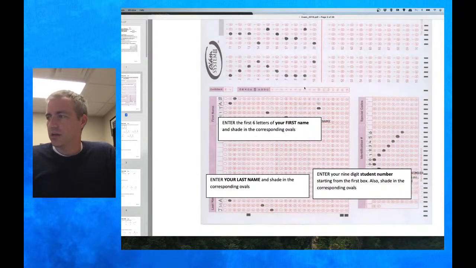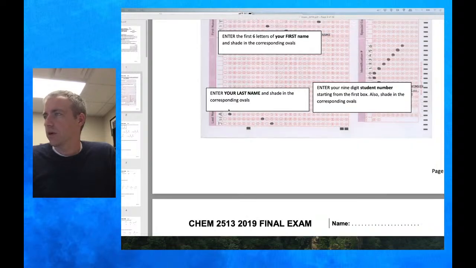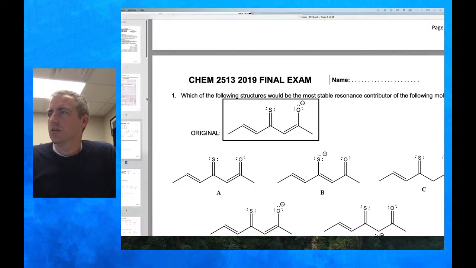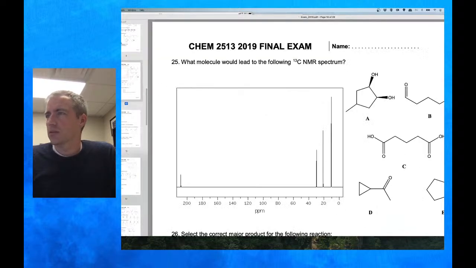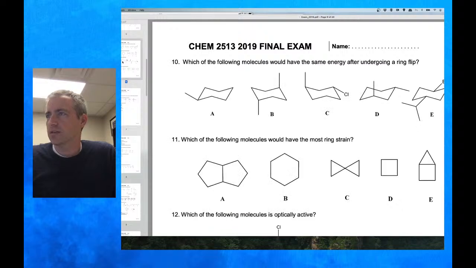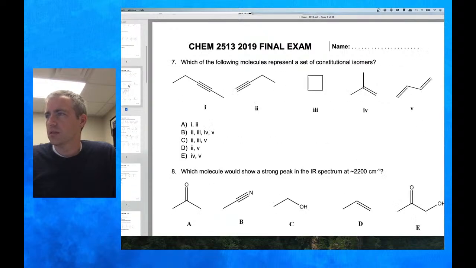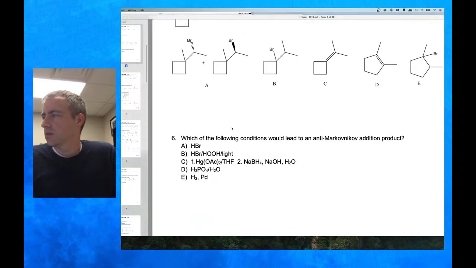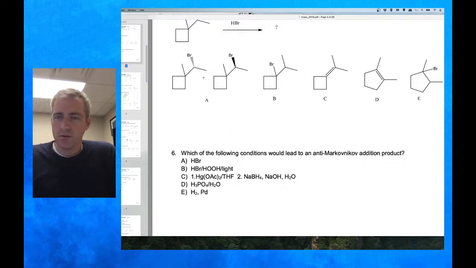So the question here has to do with, by the way, this is the Scantron that we're going to be using, exact same sheets. Question 6. Do I have the wrong question? This does not look like number 6 from 2019 fall multiple choice.